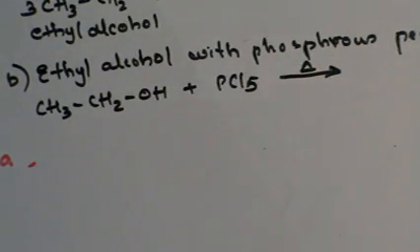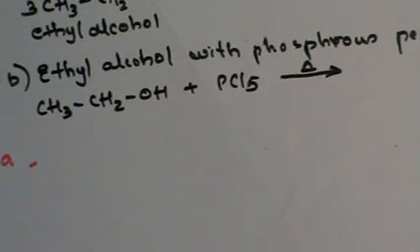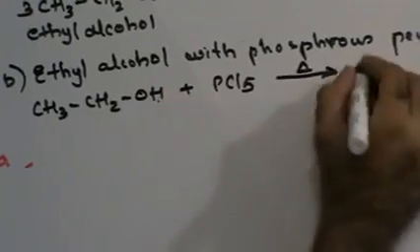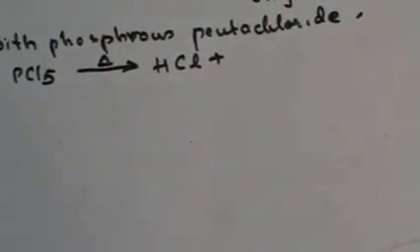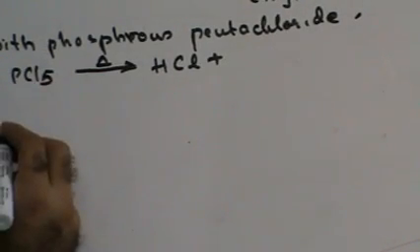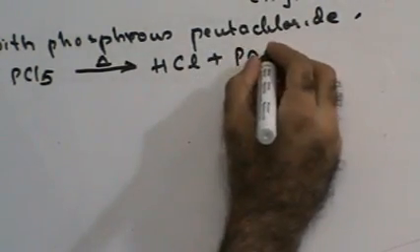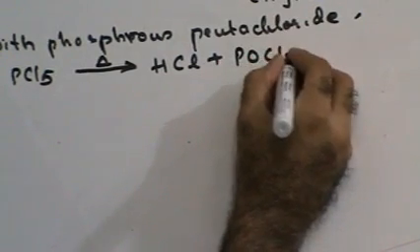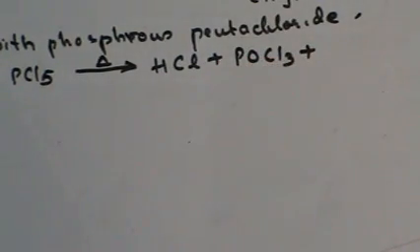Now, here you would first get phosphorus pentachloride. One hydrogen will react with chlorine to give you hydrogen chloride. So out of the 5 chlorines, one is gone. Then you would have phosphorus reacting with oxygen, POCl3, phosphoryl chloride.